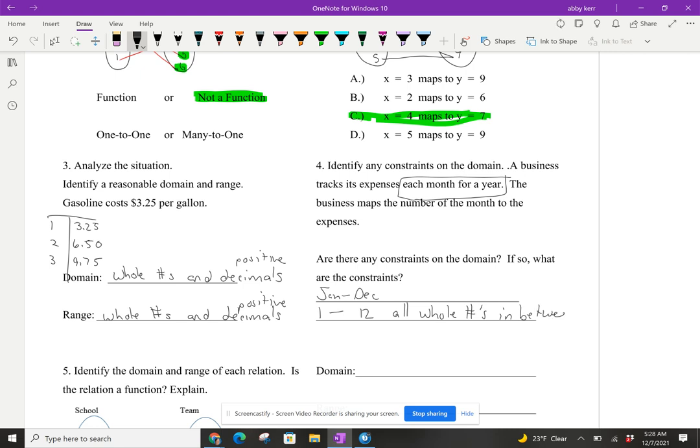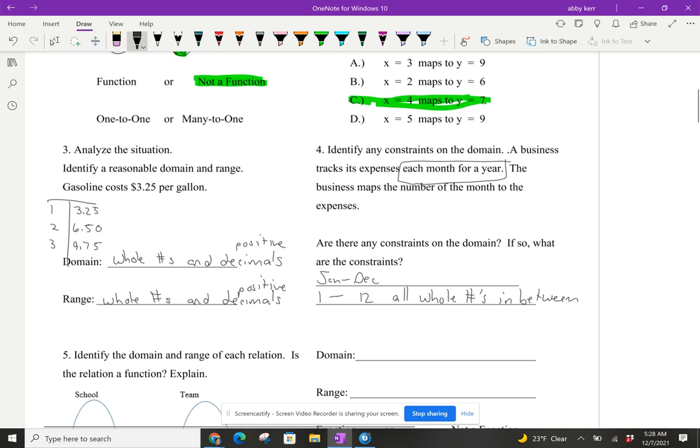The reason why it's whole numbers is because we're talking about months. So January is the 1st month, February is the 2nd month, March is the 3rd month, April, May, June, July, all of those. So if you write 1 through 12, all the whole numbers in between, or 1, 2, 3, and kept going to 12, that would be fine.